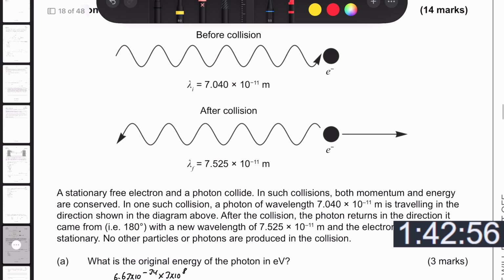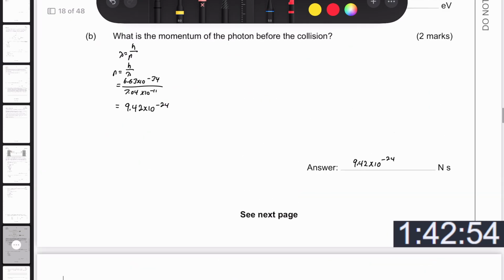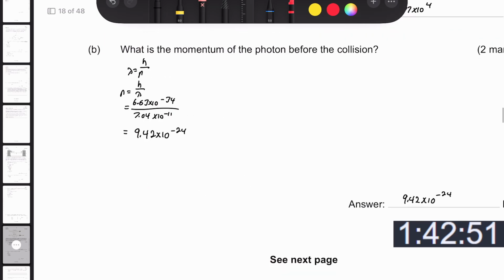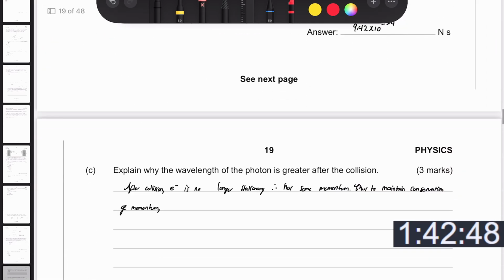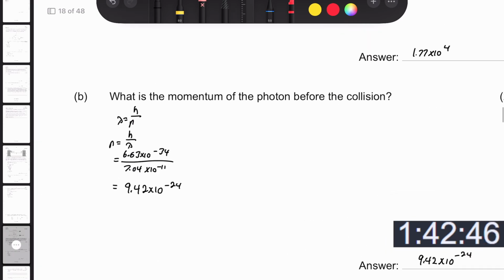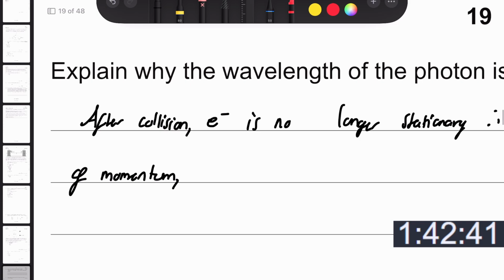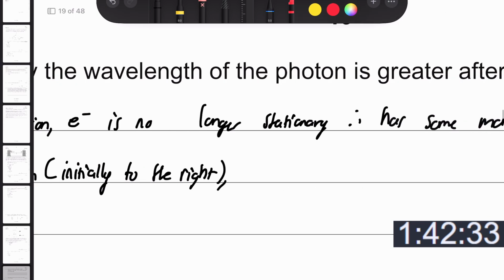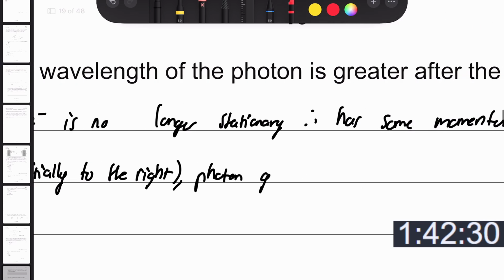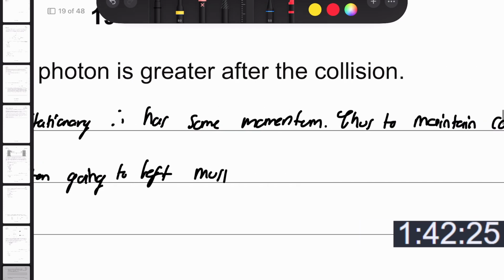Well, let's go in an opposite direction though. Conservation of momentum. I'll say initially to the right. A photon going to the left must have a decreased momentum.